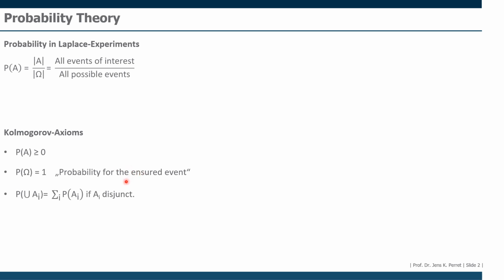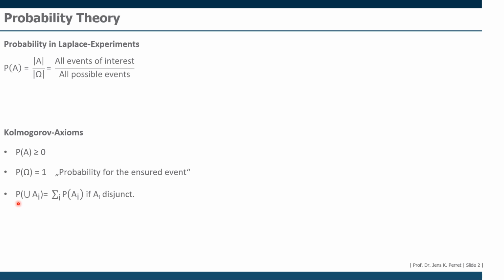We can also split up a given probability: the sum of all partial probabilities, if those sets are disjoint, so if there is no intersection between any two of these sets, is equal to taking the union of all sets and then calculating the probability.